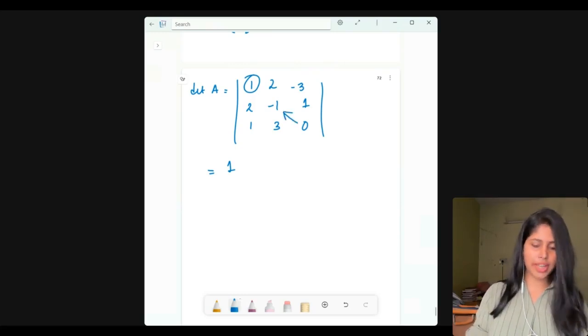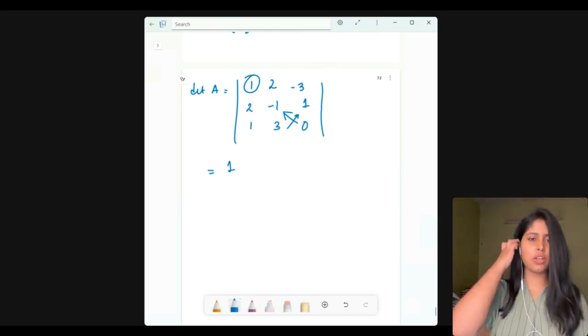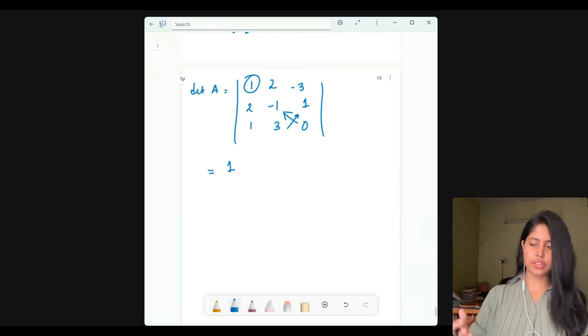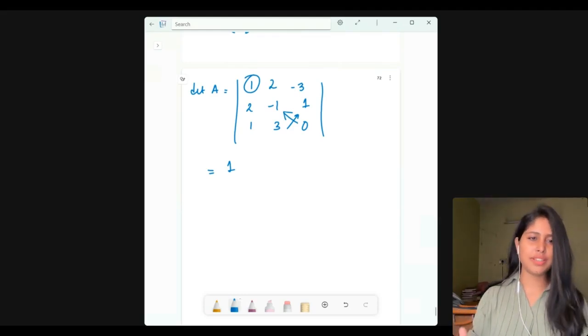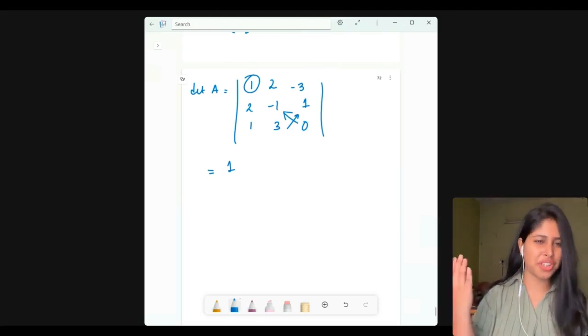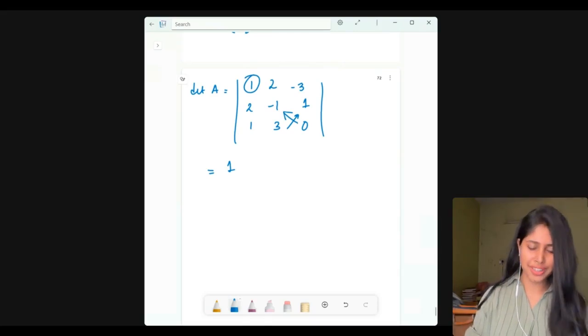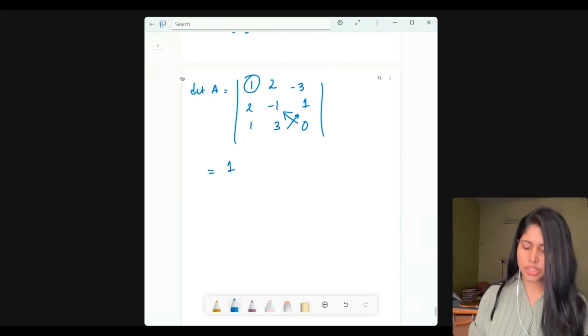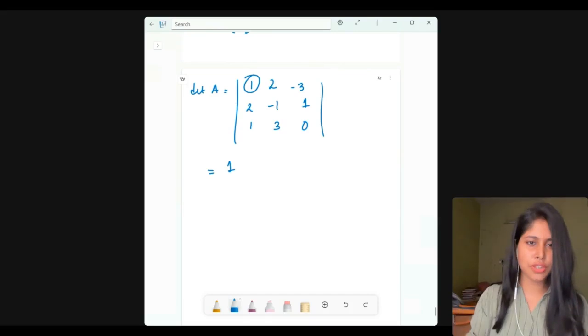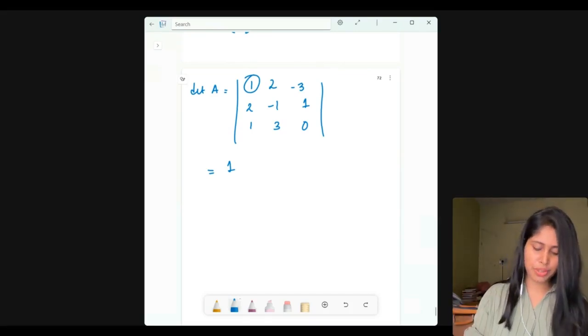First multiply like this and then minus this. Everybody knows how to calculate determinants, so I'm not showing that in this class, because it is a very basic topic which we already learned in classes 10, 11, 12. If you have any doubt in determinants, you can directly text me, and I can show you personally.